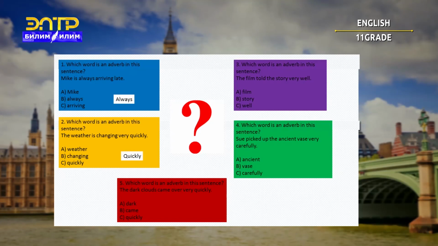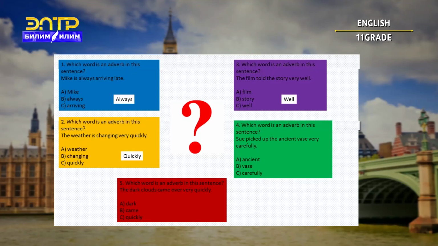Number 3. Which word is an adverb in this sentence? The film told the story very well. A. Film. B. Story. C. Well. And the right answer, you are again right. Yes, this is the answer, well, which is C.